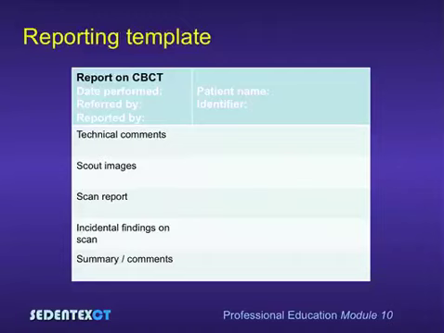A space to record findings on scout images. Often there will be nothing to report here, but it's at least a reminder to examine those images. Then the scan report, followed by any incidental findings on the scan which are not directly relevant to the clinical problem, and finally a section for a summary and comments, for example recommendations for further investigation.